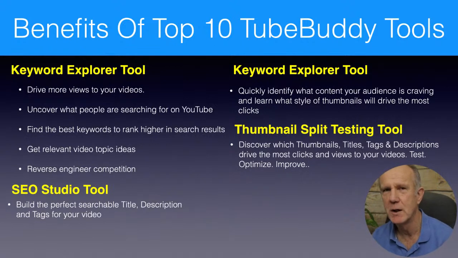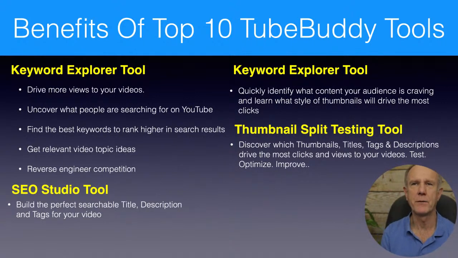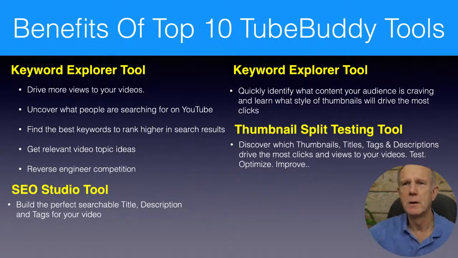You can reverse engineer competition by looking at the top videos that are competing with you, the thumbnails that are competing with your thumbnail. And then you've got the split testing tool, which allows you to split test different thumbnails or titles to see which one is going to get the most clicks.